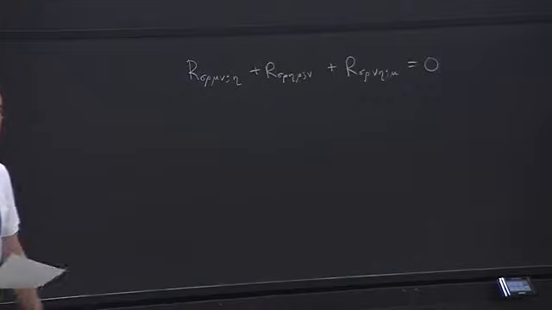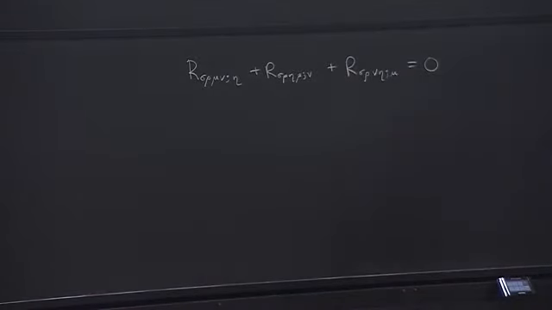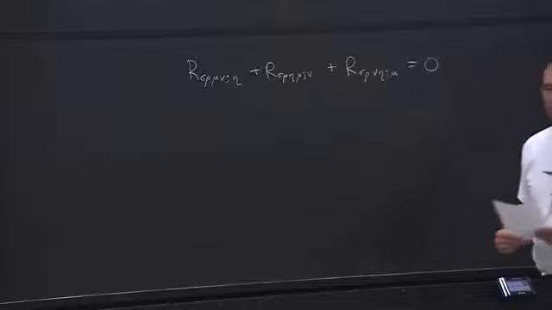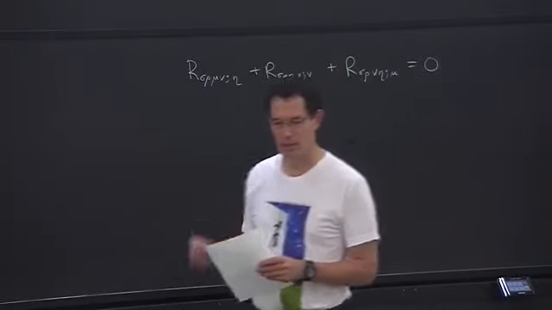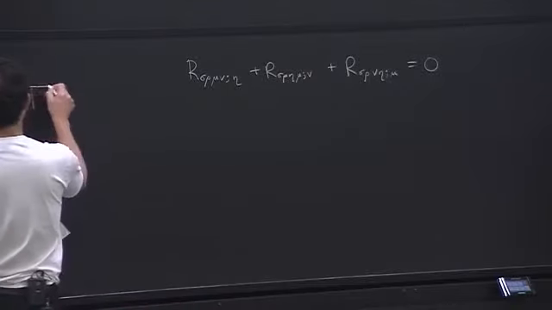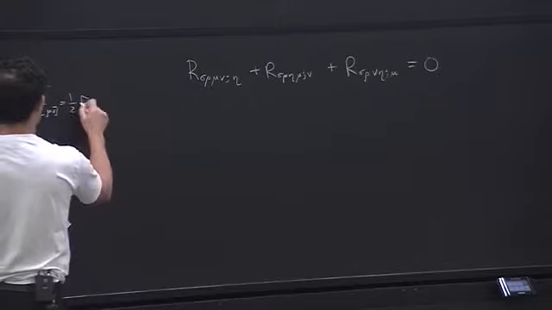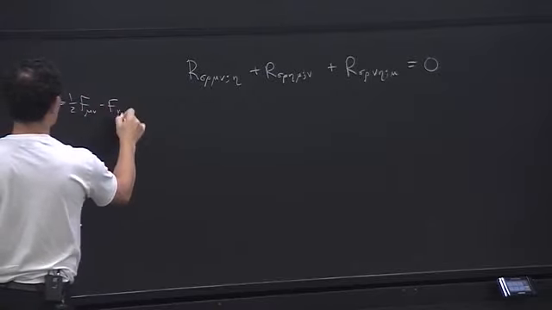And yes? What's the shorthand notation for cycle rotation of indices? Are there like square brackets or something? Yeah, I don't know. No, square bracket is completely anti-symmetric. There's some shorthand notation that this guy is 1/2 f mu nu minus f nu mu, right?